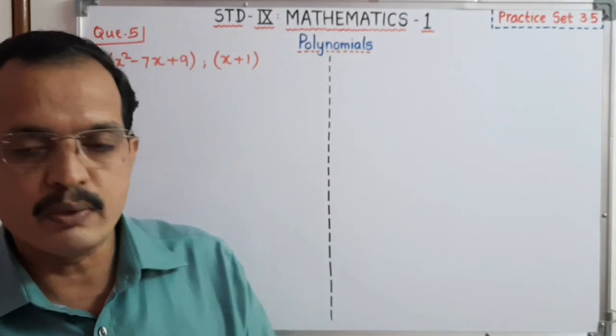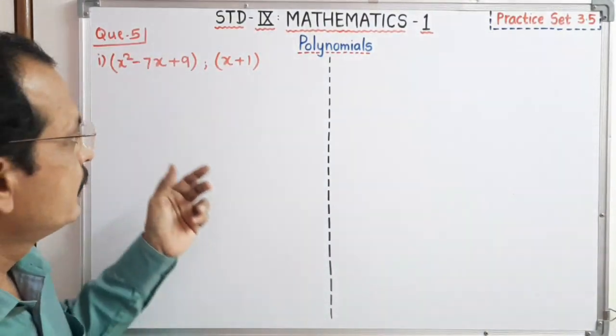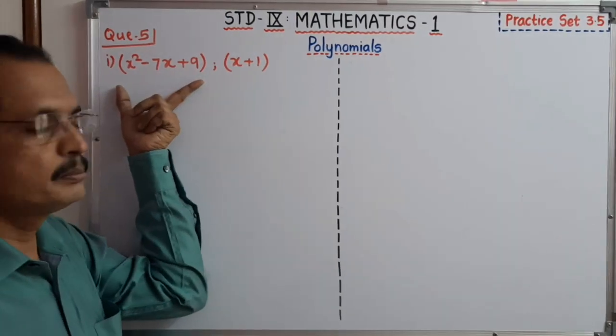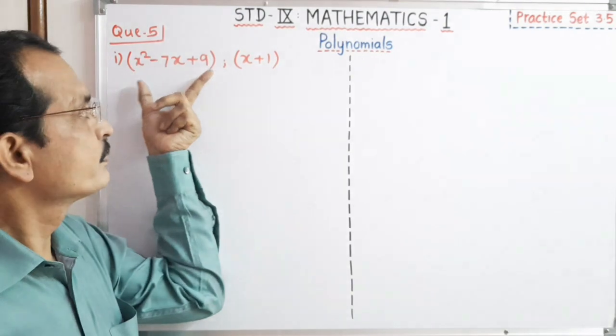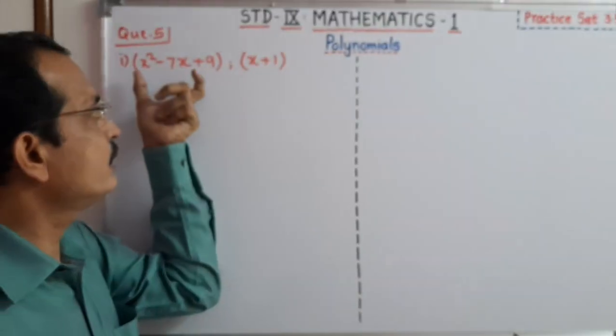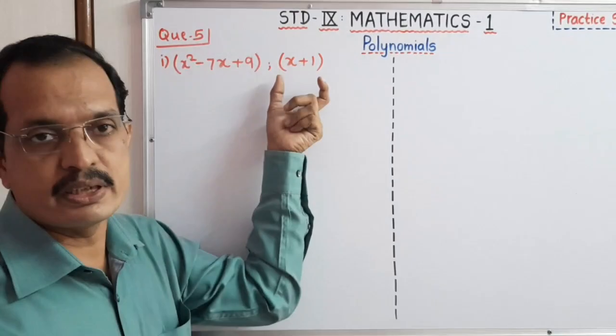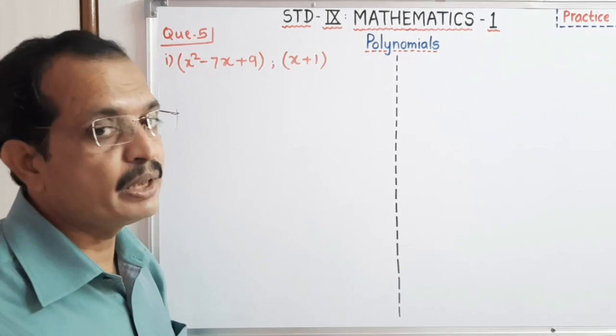We have to divide the first polynomial by the second polynomial. This polynomial is the dividend, x plus 1 is the divisor. We have to divide this dividend by the divisor and find the remainder by using the remainder theorem.